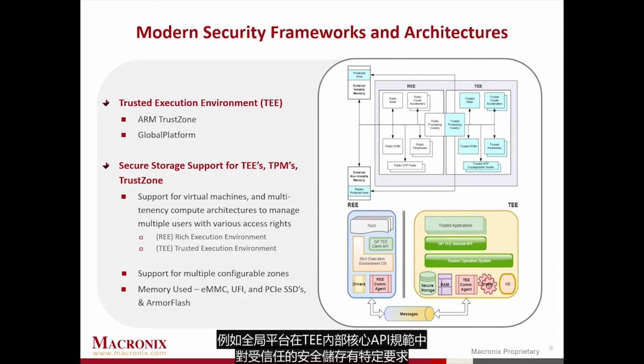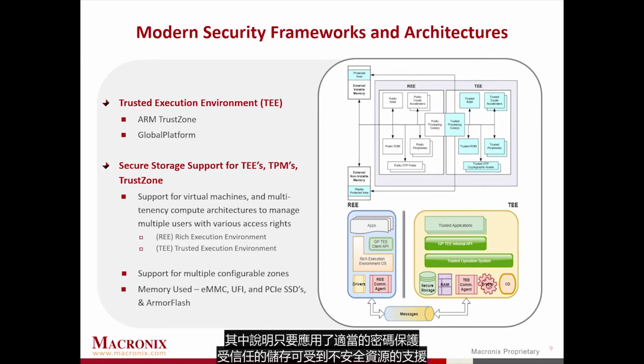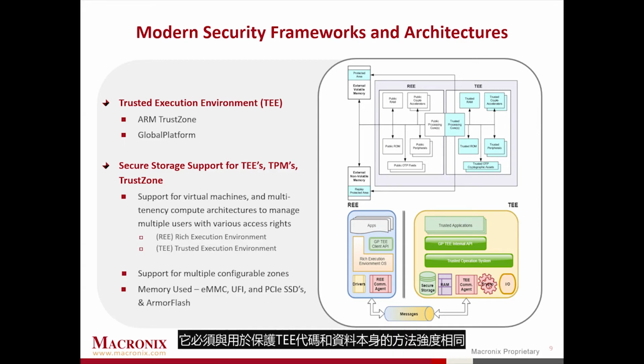As an example, Global Platform has specified requirements for trusted, secure storage in the TEE internal core API specification. It says that the trusted storage may be backed by non-secure resources as long as suitable cryptographic protection is applied, which must be as strong as the means used to protect the TEE code and data itself.